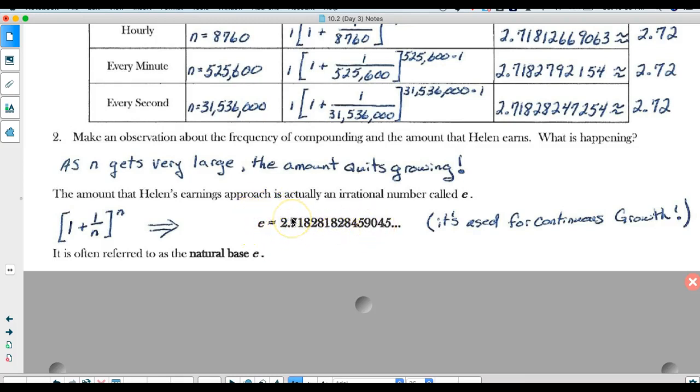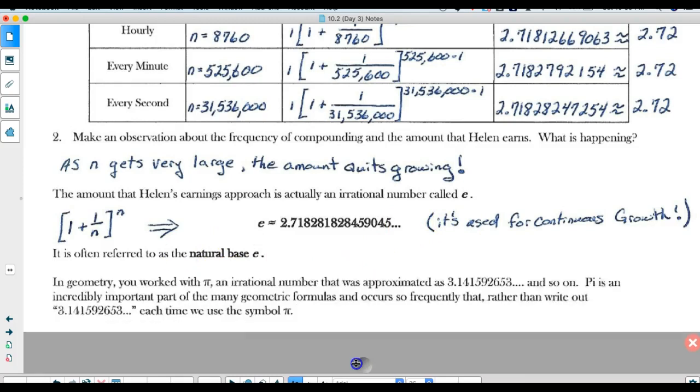That number in math is called e, and we use it for continuous growth, things that never stop growing. It's referred to as the natural base, and we'll talk about natural logs and common logs in the next chapter as well.